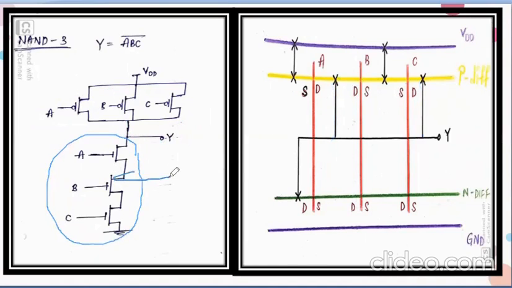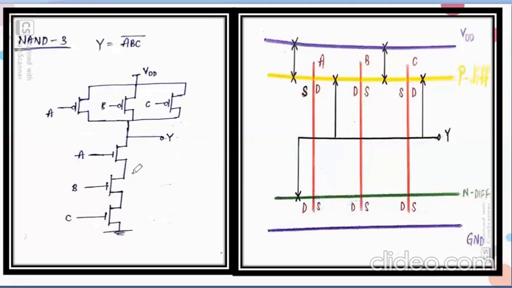Now let's see the NMOS network. This network is known as the pull down network. The drain of A is connected to output; this is drain, this is source. So the drain of the NMOS transistor is connected to output, and the source of A and the drain of B are interconnected.